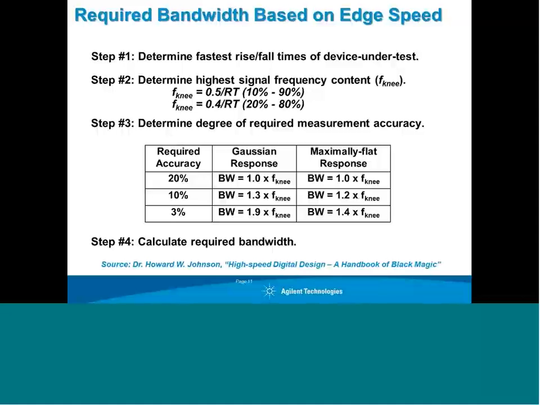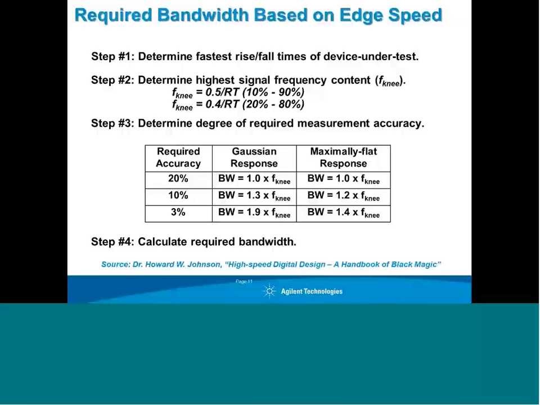Some people might call it Fmax. I don't want to call it that because you may confuse that with the maximum frequency related to the Nyquist frequency, and we're going to talk about that in just a few minutes. If you go back to a particular device specification, some devices will specify rise times based on a 10% to 90% criteria.